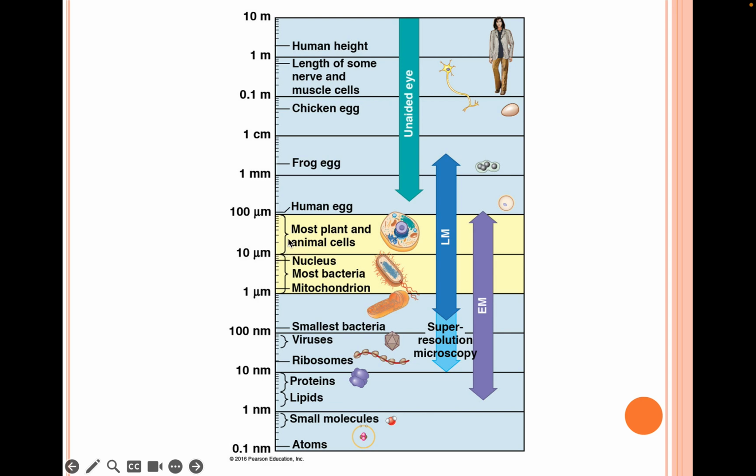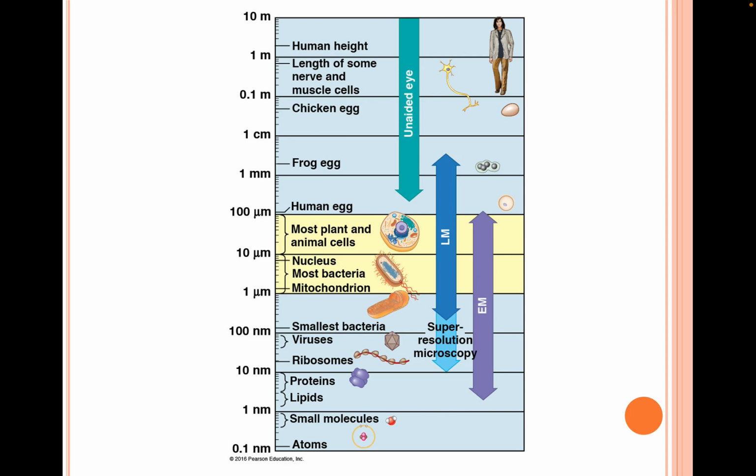Most plant and animal cells are somewhere between 10 and 100 micrometers in length. The nucleus and most bacteria and mitochondria, these are things that are from about 1 to 10 microns in size. Micron and micrometer, by the way, are two different words for the same unit.